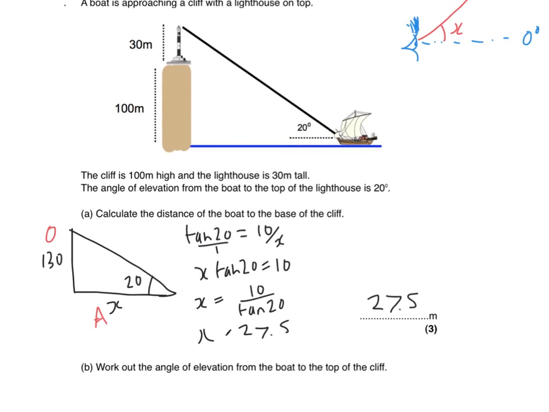Part B is to work out the angle of elevation from the boat to the top of the cliff. So at the minute the angle 20 degrees goes to the top of the lighthouse. If we just want to go to the top of the cliff, we're going to look at that line there, so this triangle. So I'm going to draw out that triangle.